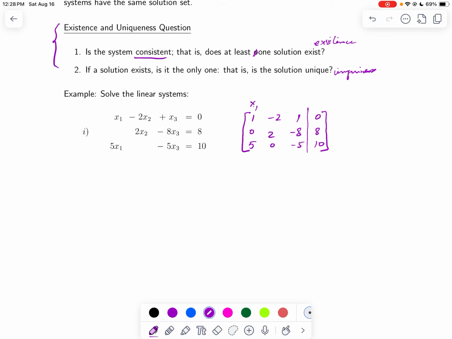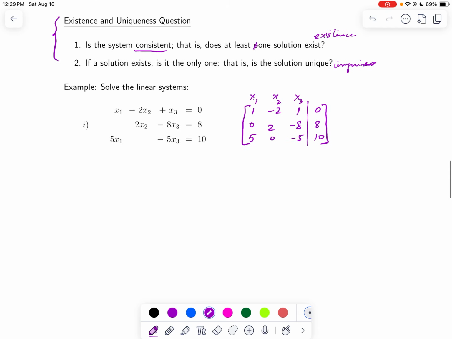The second column, containing -2, -8, 0, holds the coefficients of x2, and 1, 8, -5 are the coefficients of x3. But in our book, they don't use this line, so it's up to you. If you want to use it, good. If not, that's okay, as long as you remember that the last column represents the numbers on the right side of the equality sign.